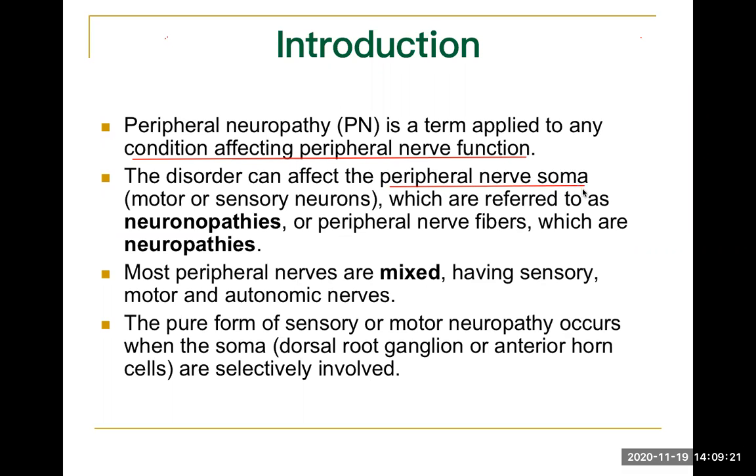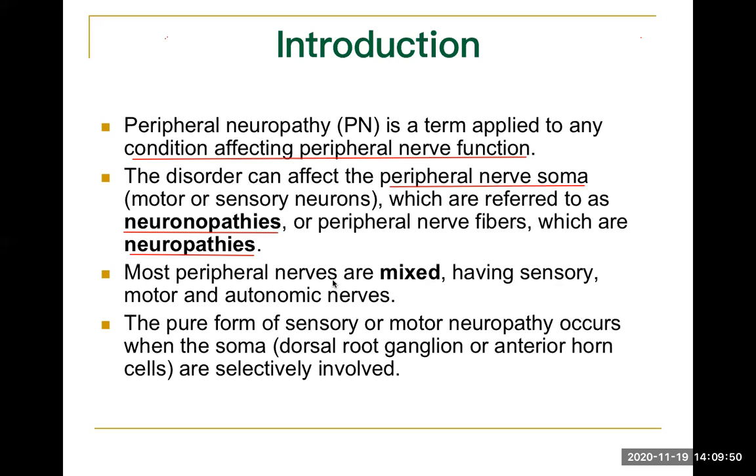Soma means cell body, which is referred to as neuronopathy, or peripheral nerve fiber, which is known as neuropathy. But peripheral neuropathy is a generalized term in many textbooks. When this term is written there, both of the terminologies come inside it. Both neuronopathy and neuropathy are included under peripheral neuropathy.